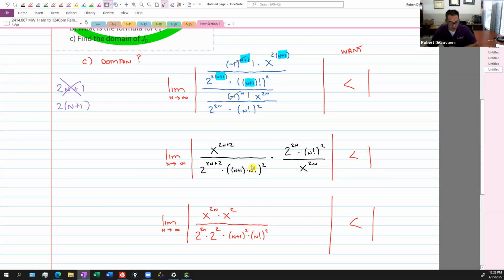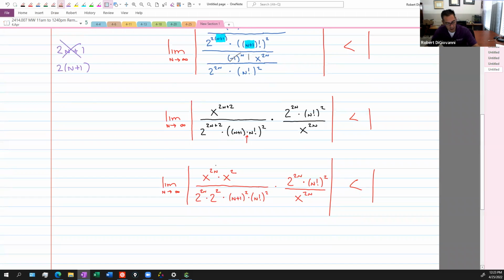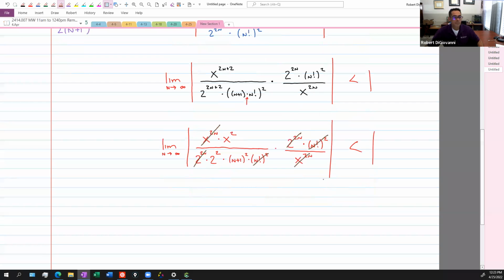Because there's multiplication between these, I'm squaring the n plus 1 and I'm squaring the n factorial. And then the other one I'm not doing anything to. All of that was just so I could get things to cancel. We should get the x to the 2n's gone, 2 to the 2n's gone, n factorial squared's gone. Right?